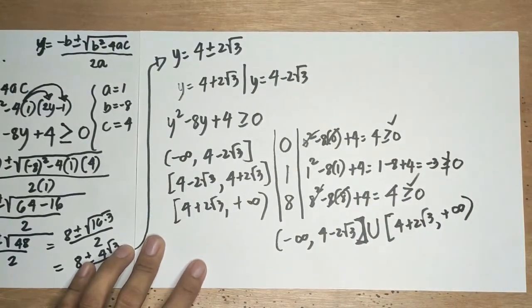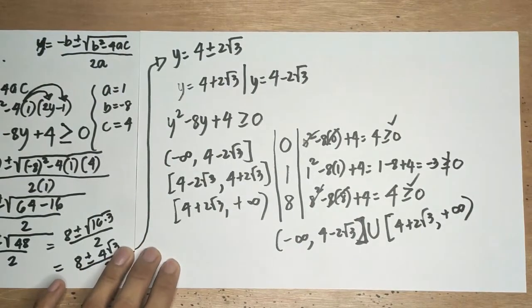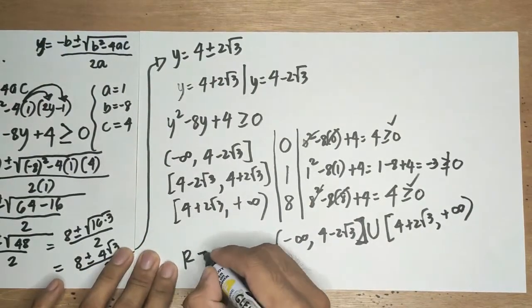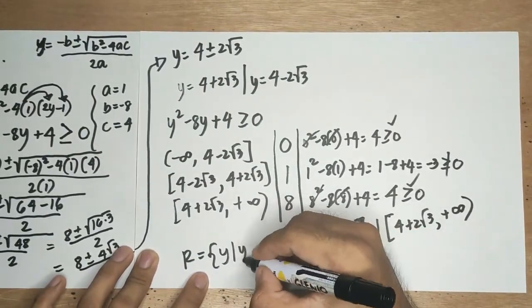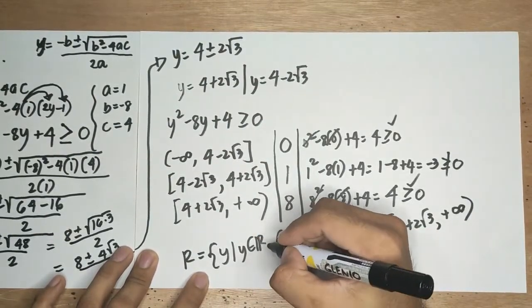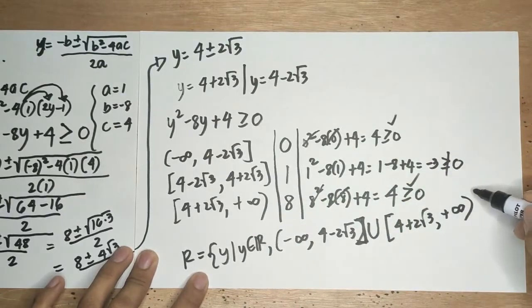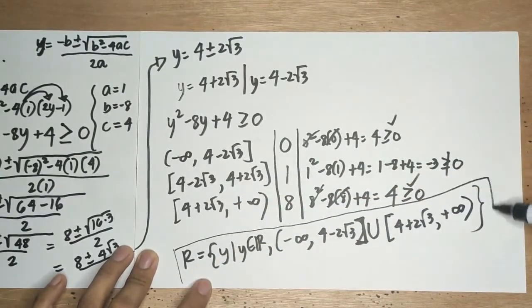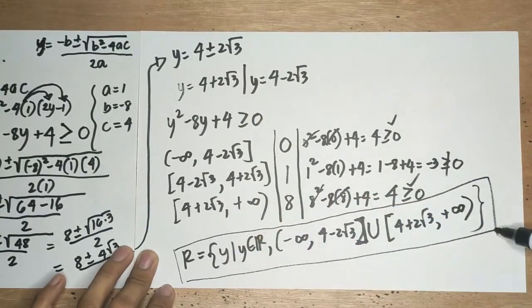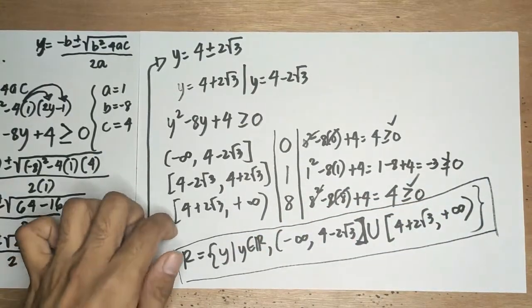Ito ngayon yung ating magiging range. Our range will be the set of all y's such that y is an element of real numbers and y can be any element of this interval. Understood?